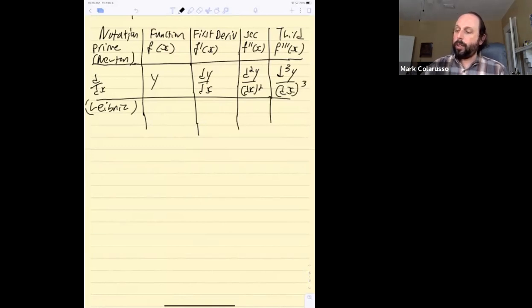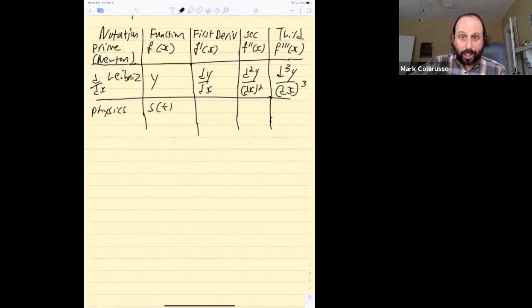Okay, and I should just say here, the Leibniz got below where it's supposed to go. So this last column will do this physicsy stuff. So this is physics. So position function.